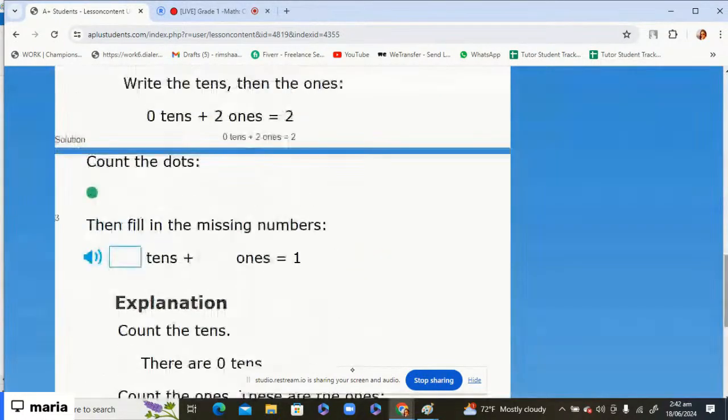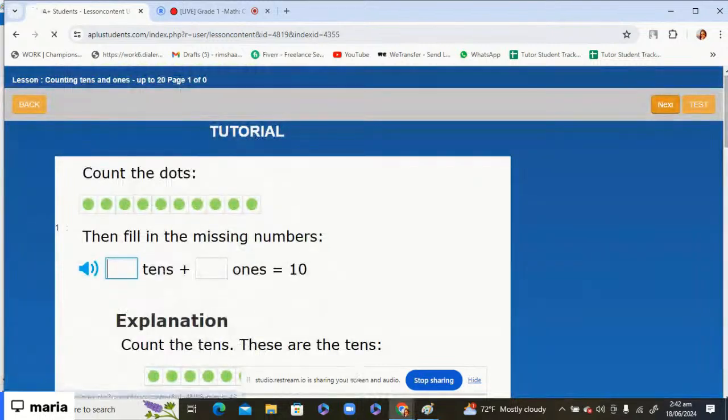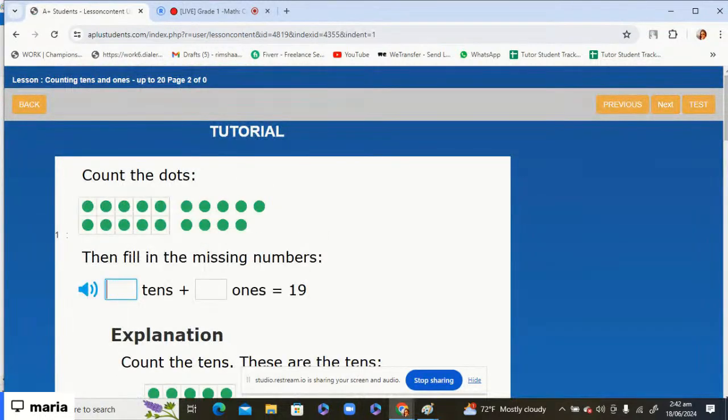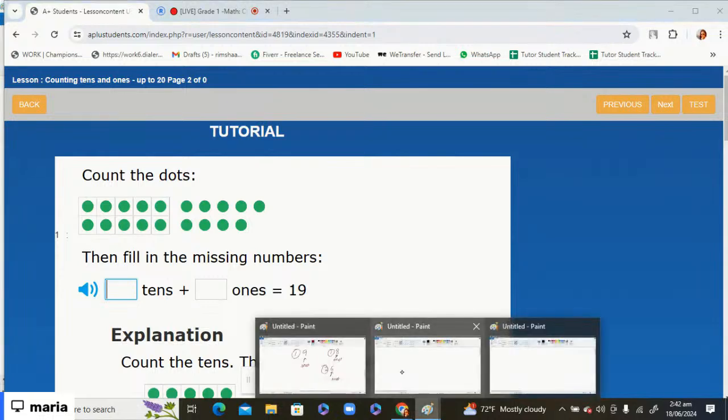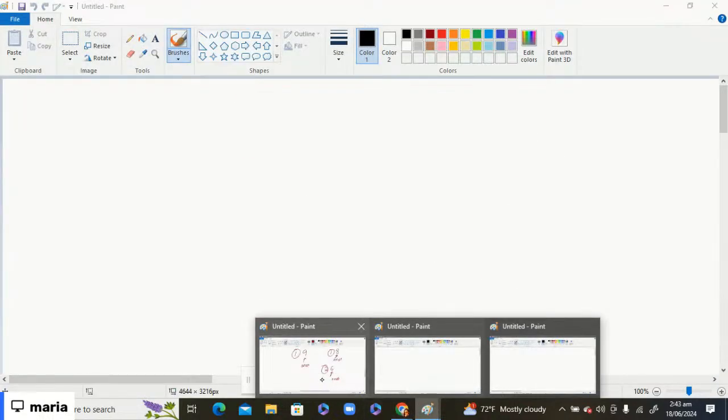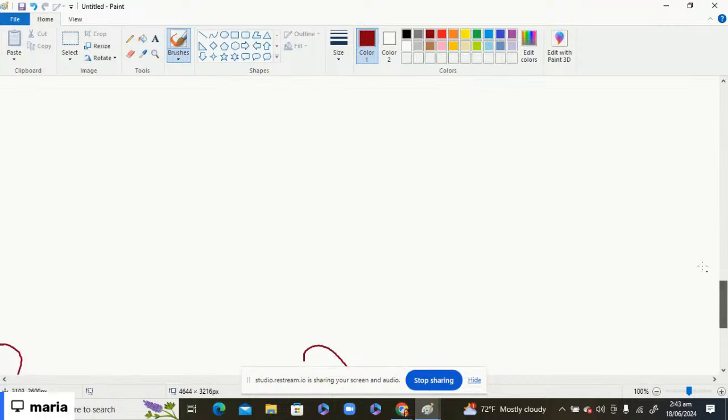Now let's do some other. Here, count the dots. When we count all of it, the total is 19. If I'm going to write 19 here, you guys tell me which one is in the ones place and which one is in the tens place.